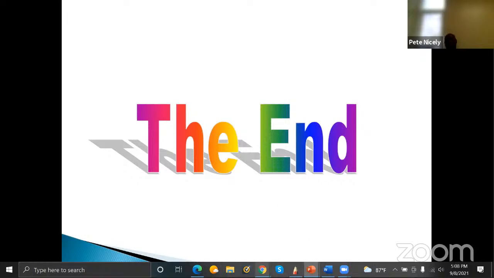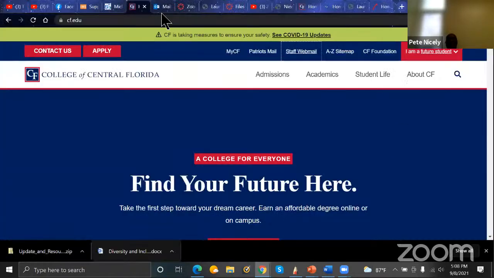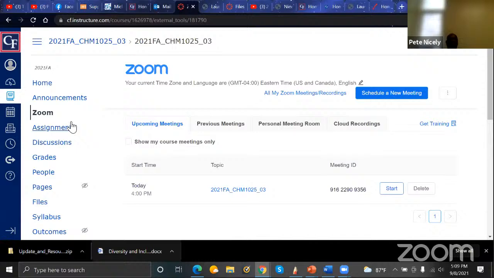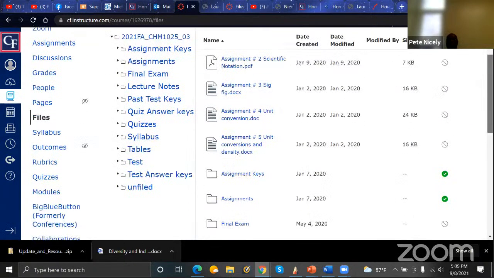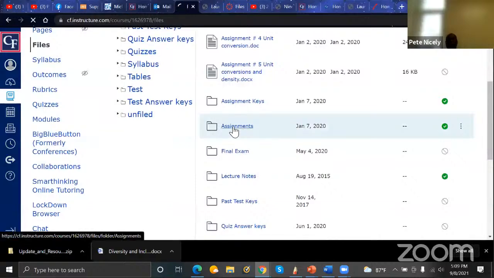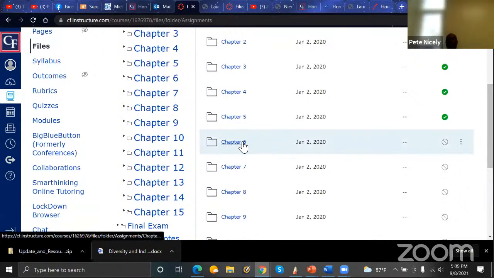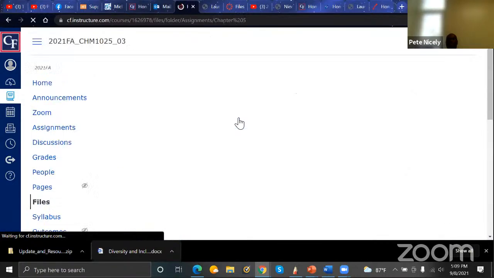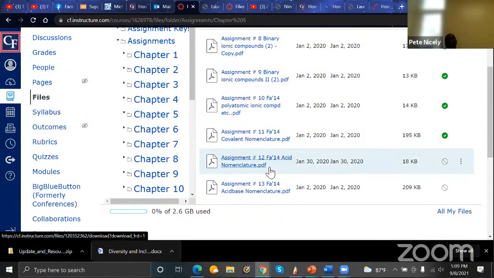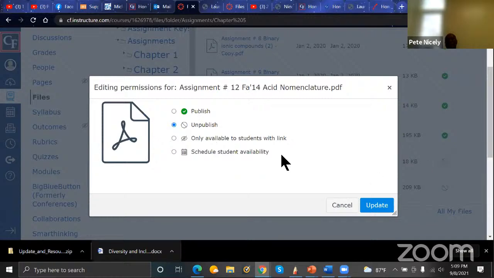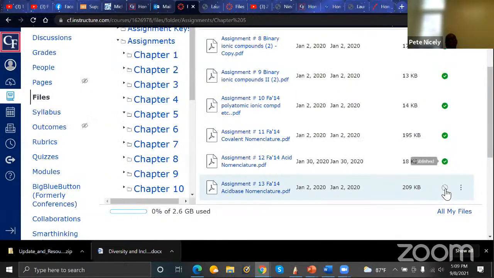So what does that mean? That means that as far as assignments go, let me go to files, and then let me go to assignments. You should be able to do the assignments. Well, wait a minute. Let me make sure that all these assignments are... Okay, so based on what we have accomplished today, you should be able to do assignments 12, let me publish this, and 13 from chapter 5.